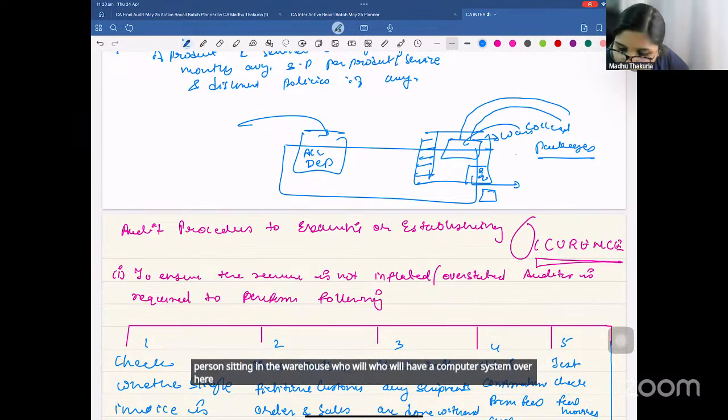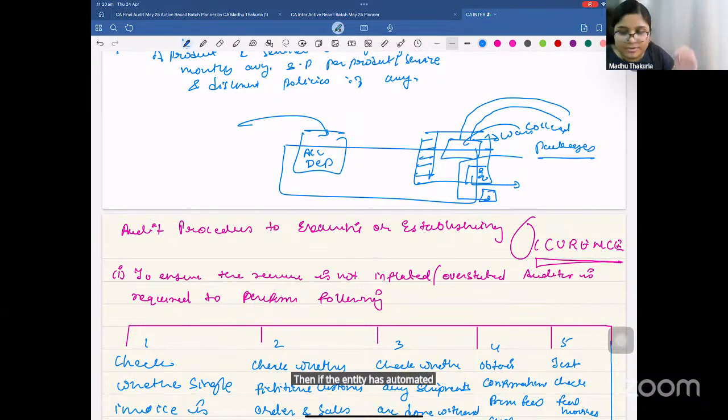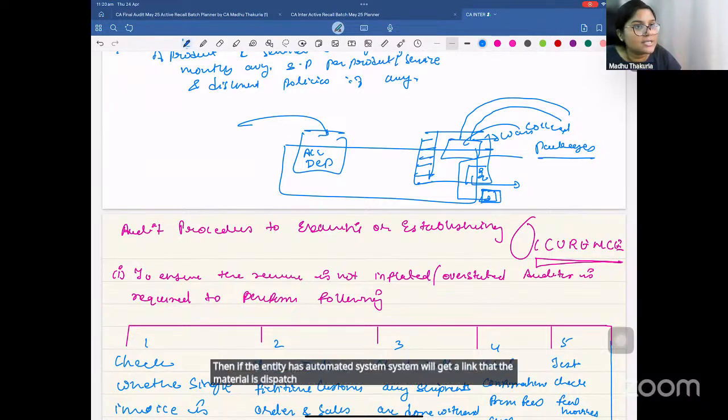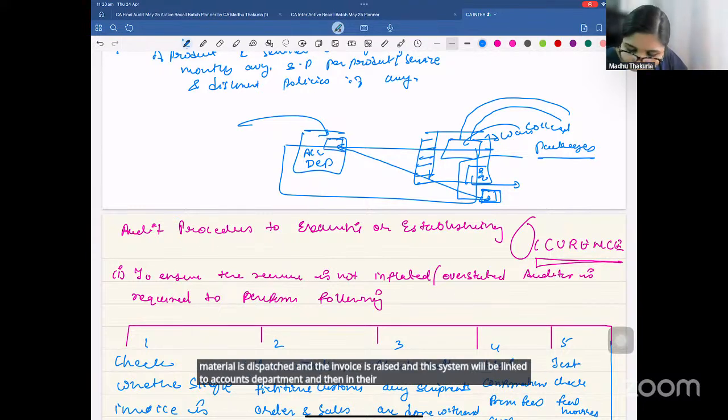So this person will actually raise the invoice sitting at the warehouse. Then if the entity has an automated system, it will get a link that the material is dispatched and the invoice is raised, and this system will be linked to accounts department, and in the accounts department there will be a computer through which this accounting entry will be automatically hit if there is an automated system.